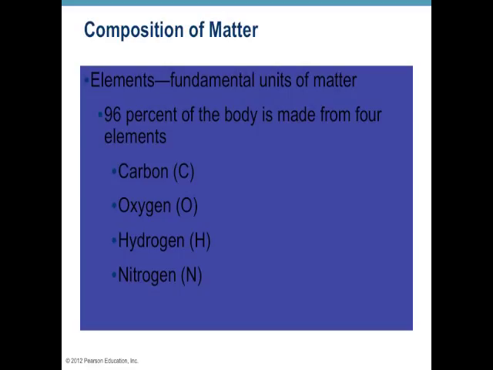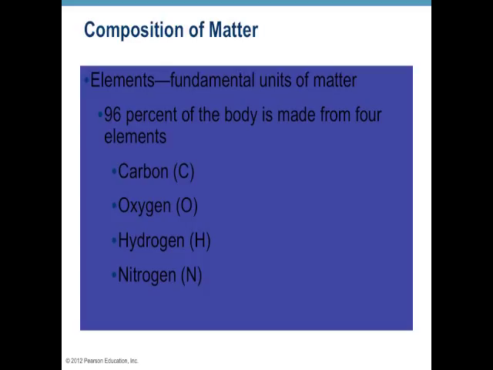Now, these things are found on the periodic table of elements. If we were to look over at the periodic table, and I don't have one here with me, but if I did, I could show you.